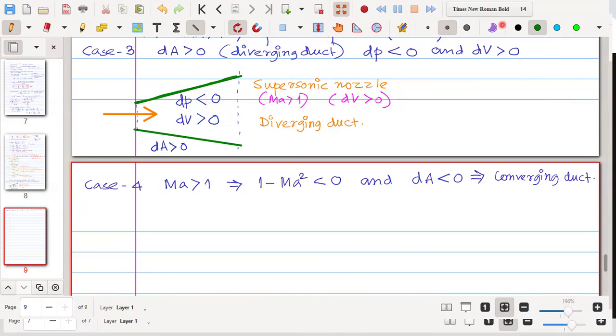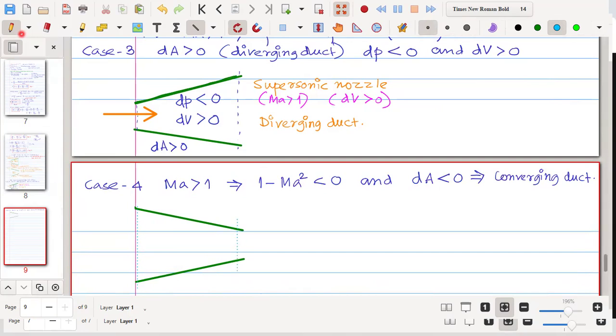The area will decrease and Mach number is greater than 1.